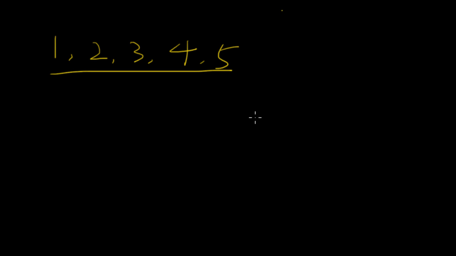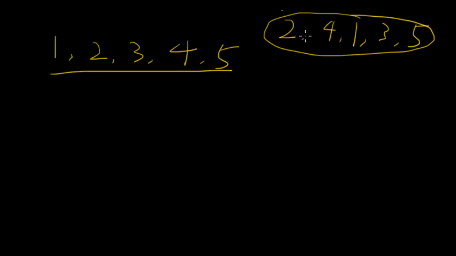Now, what does that mean? Well, something like this. Let's say you have an odd number of observations. Just for convenience, let's say you have 1, 2, 3, 4, 5. The original data could look like this, let's say 2, 4, 1, 3, 5.